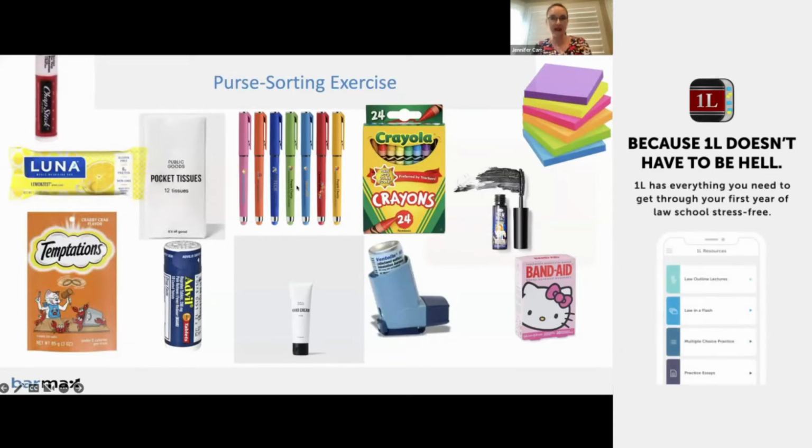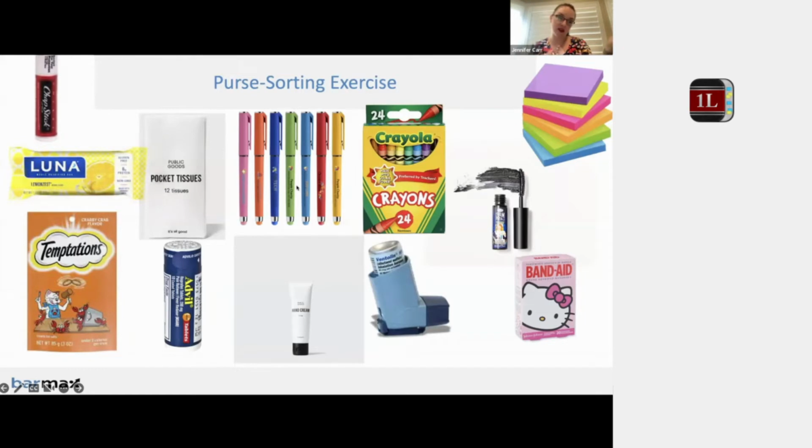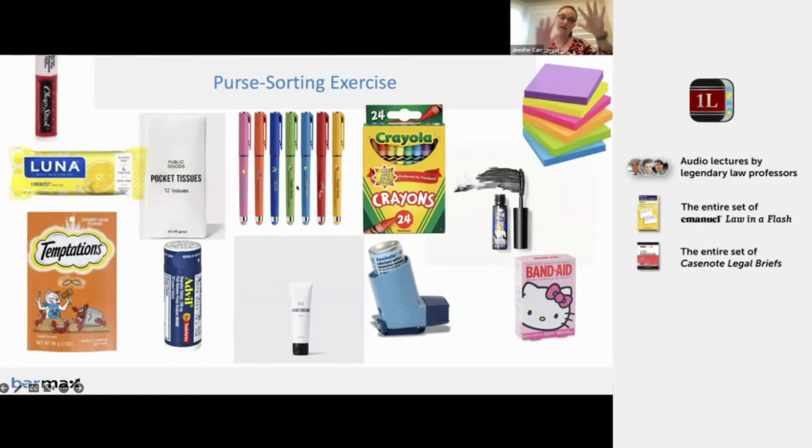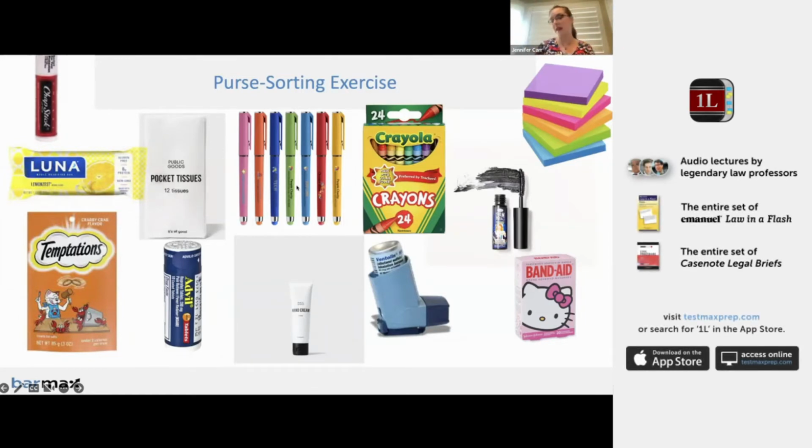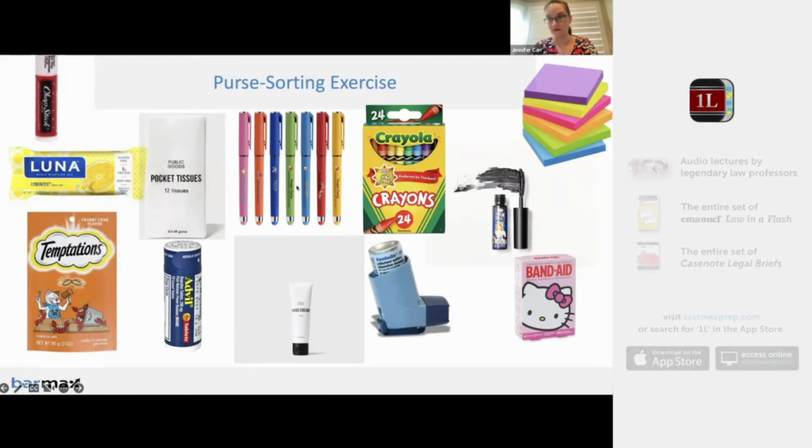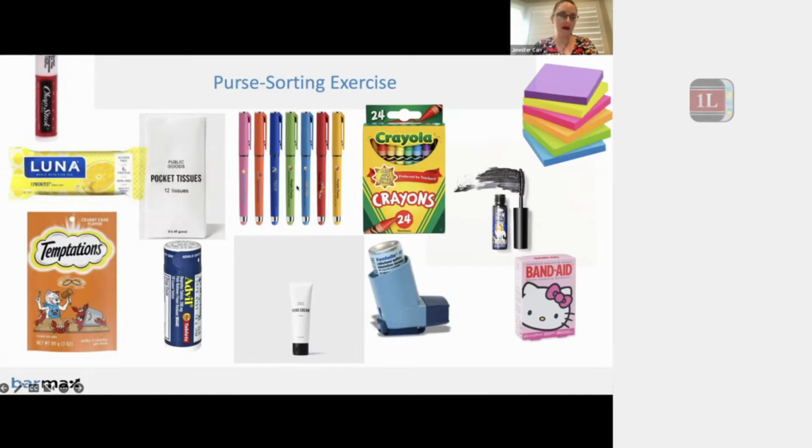Or that the Band-Aids go with the medicine, but they also go with the crayons because they keep the kids busy, right? You may have some cases that are used to show 2 different ideas. Don't feel like they have to go in only one spot. You can put them in 2 different places, okay? It's totally okay to do that. Everybody okay with that?